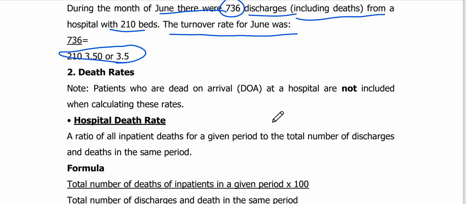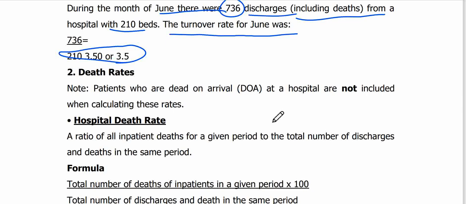Number two, we have death rates. Note that patients who are dead on arrival, DOA, at the hospital are not included when calculating these rates. I repeat, if you're calculating death rates, you do not include patients who die at arrival.